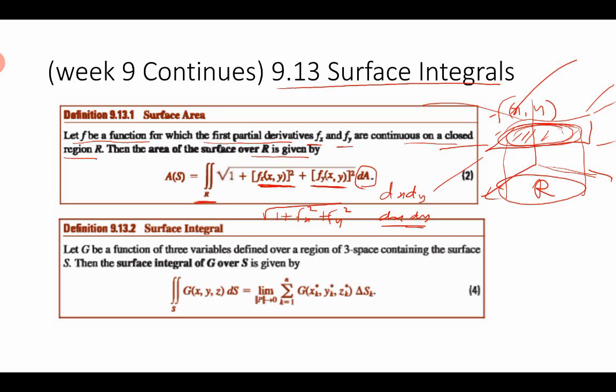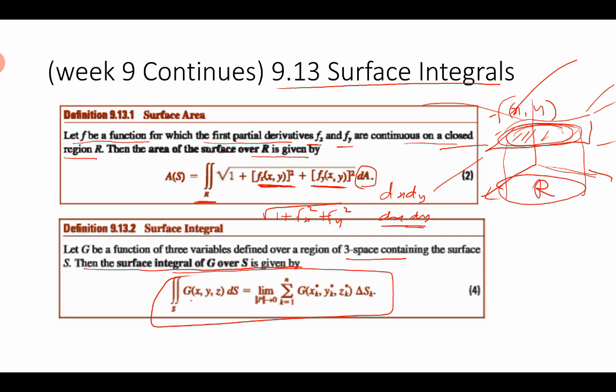Here the surface integral is explained as the sum of pieces, a Riemann sum. Let G be a function of three variables defined over a region of three-space containing the surface S. Then the surface integral of G over S is given by this formula.